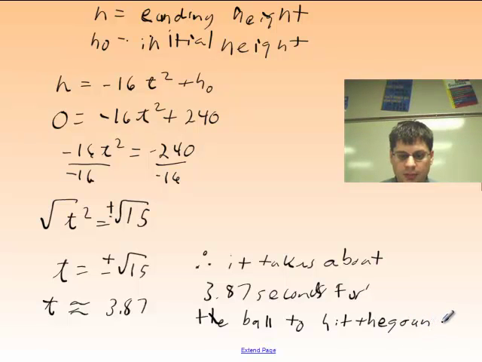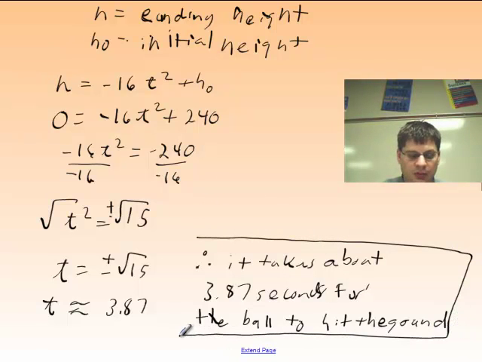And of course my pad is malfunctioning here, making it really hard to write. Anyway, that would be my solution I would box in. So anyway, that's solving quadratics by finding square roots.